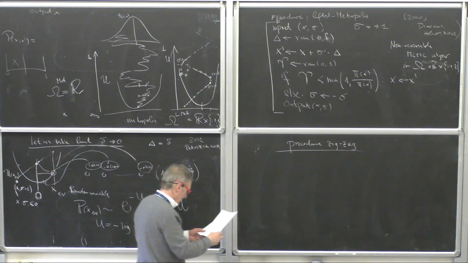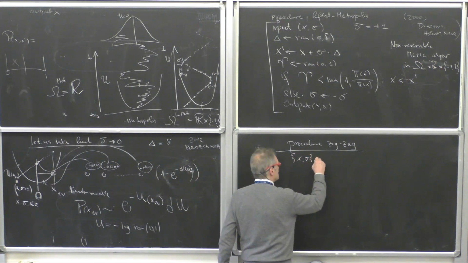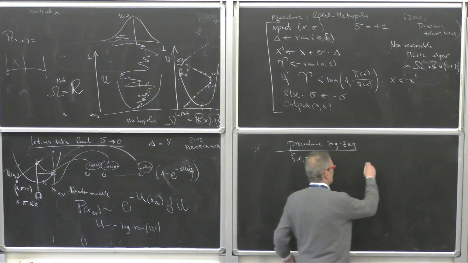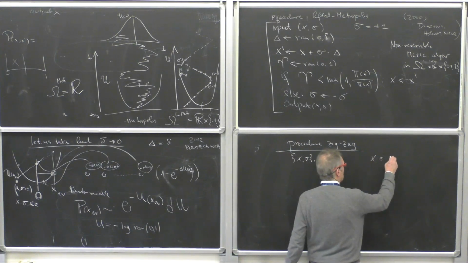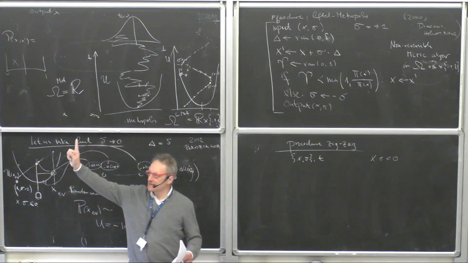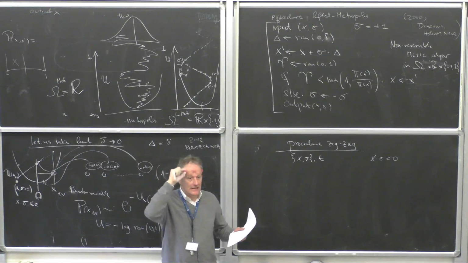It's the following. You enter x, sigma, and then t. I enter it such that x times sigma is less than 0. So I am just overshot in this direction, and then I overshoot in the other direction, and then, yes?